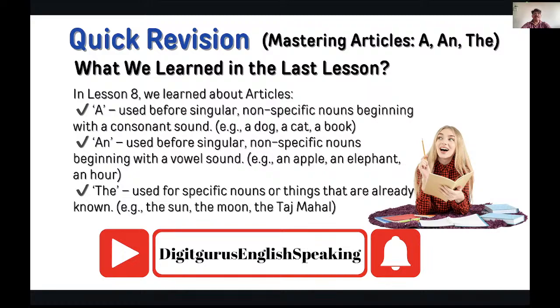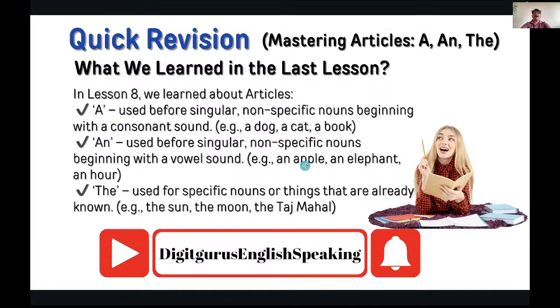An apple, an elephant, an hour. Now, the is used for specific nouns or things that are already known. Example, the sun, the moon, and the Taj Mahal.